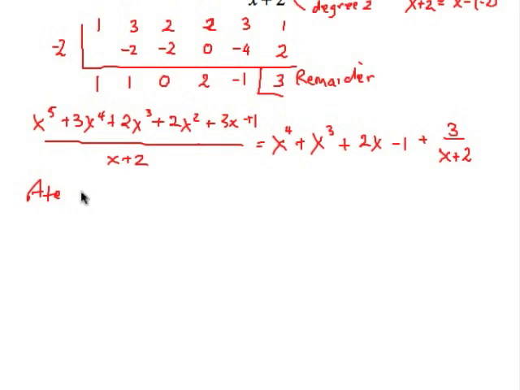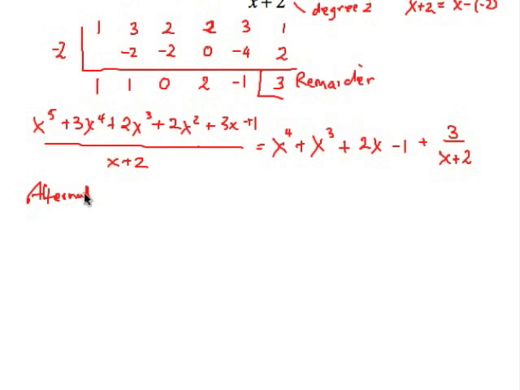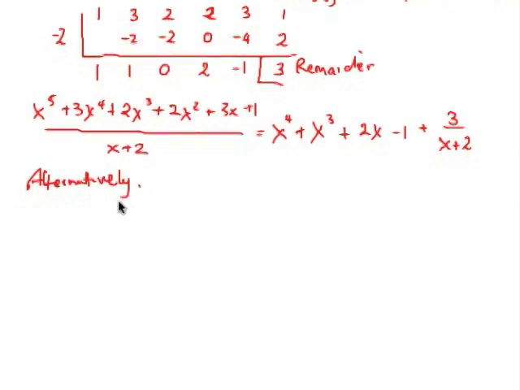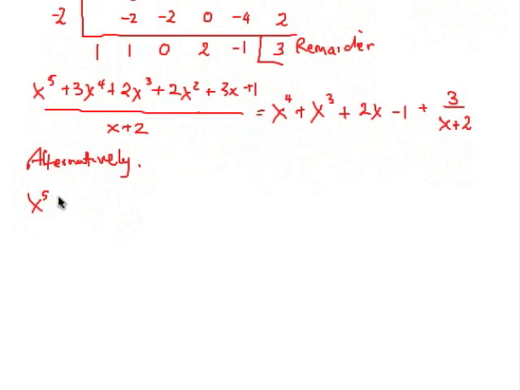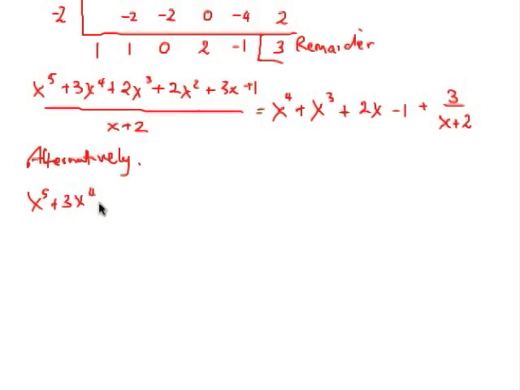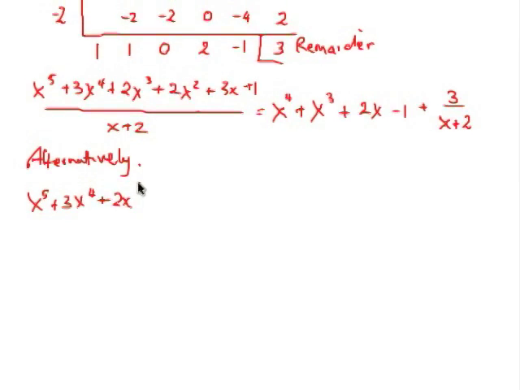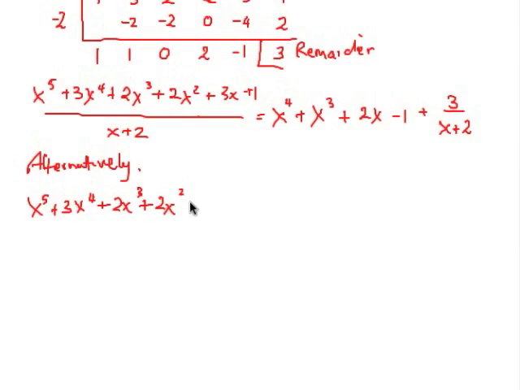Now alternatively, and this is one of the reasons why we actually do synthetic division, we can write this top polynomial in a reduced form, or a kind of factored form if you like. So here we have our top polynomial.